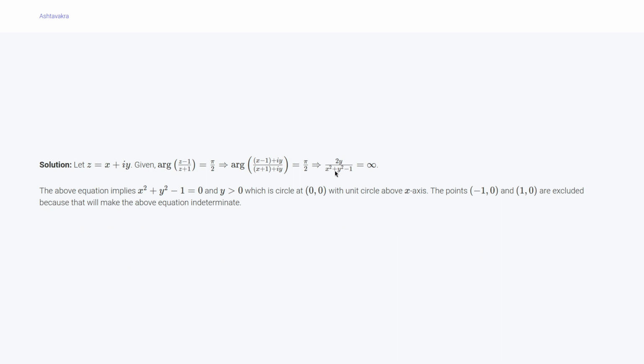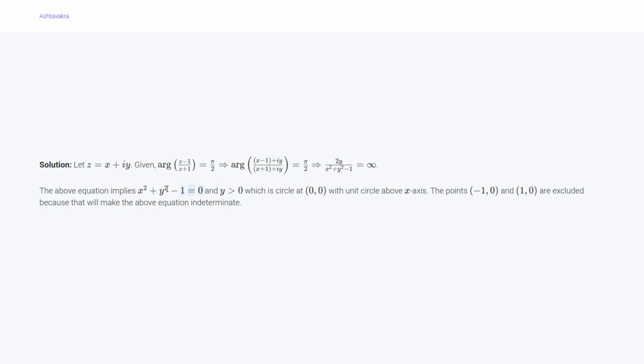We have 2y by x square plus y square minus 1 is equal to infinity. Now clearly y should be greater than 0. This also implies x square plus y square minus 1 would be 0, because this has to be infinity, because tan pi by 2 is infinity. That means y has to be greater than 0, otherwise 0 by 0 will become an indeterminate form.